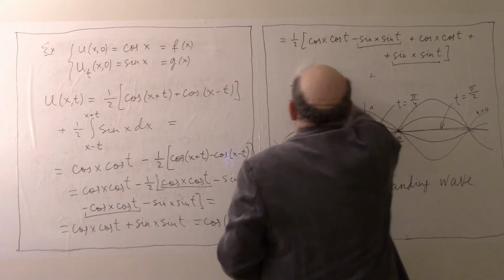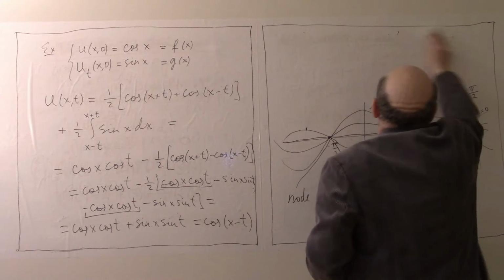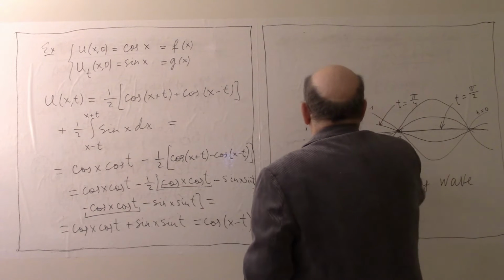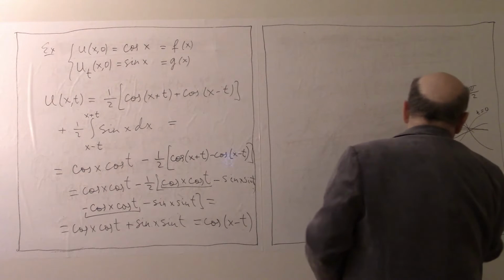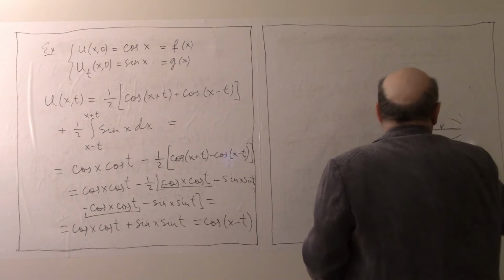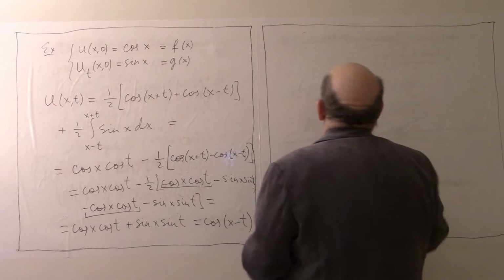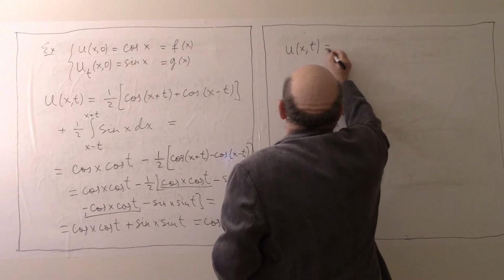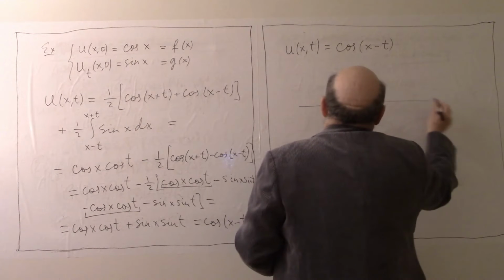So this means that u of x, t equals cosine x minus t, but what does it mean?